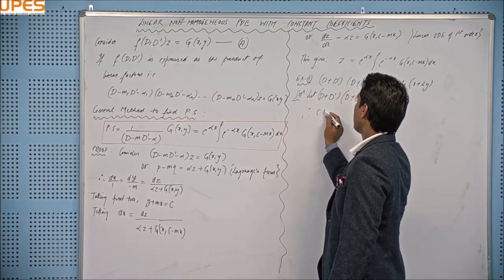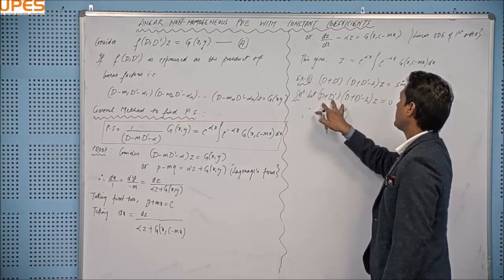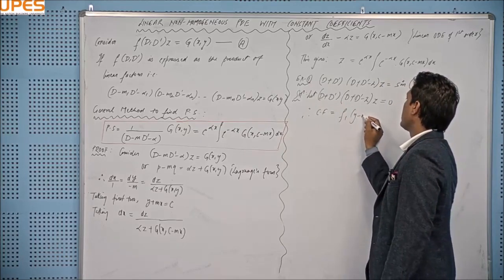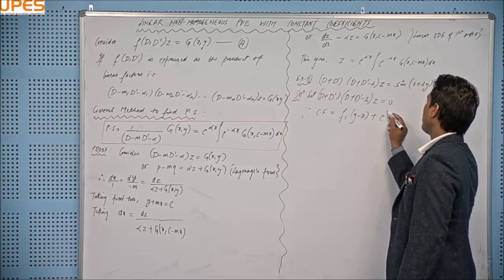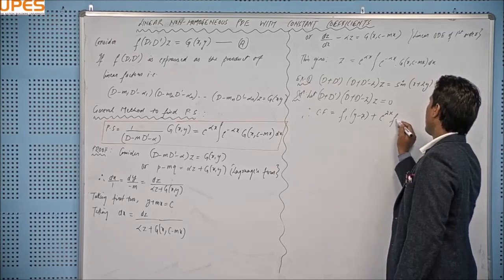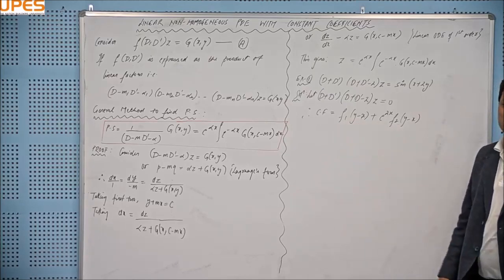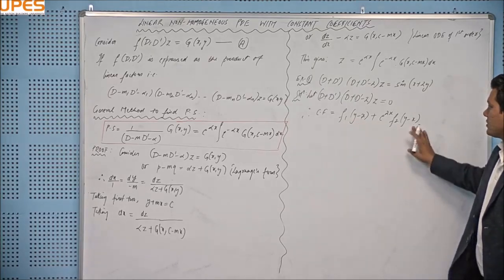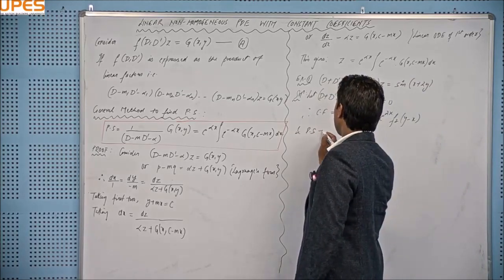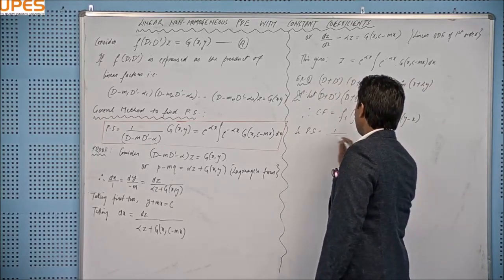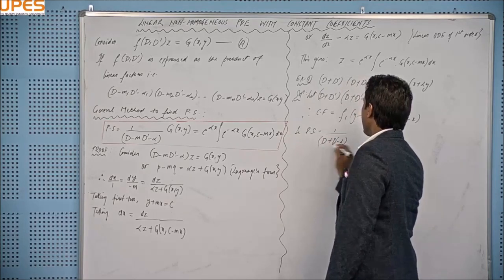Therefore, the complementary function is given by f1(y - x) for this factor, and for this one we will have e to the power 2x f2(y - x), where f1 and f2 are arbitrary functions.